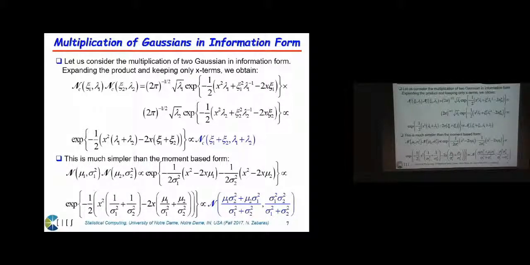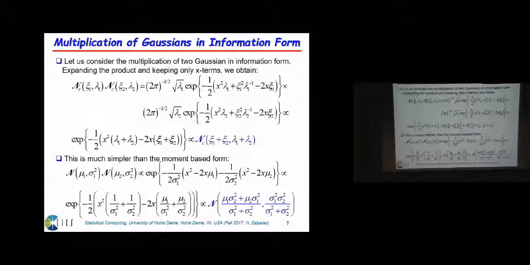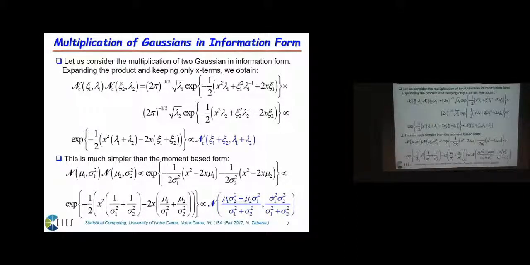So here is another slide showing benefits when you use the information form for the product of two Gaussians. We have two Gaussians with parameterizations xi1 lambda 1, xi2 lambda 2. When you multiply them, the xi's add, and the same is true for the lambdas.